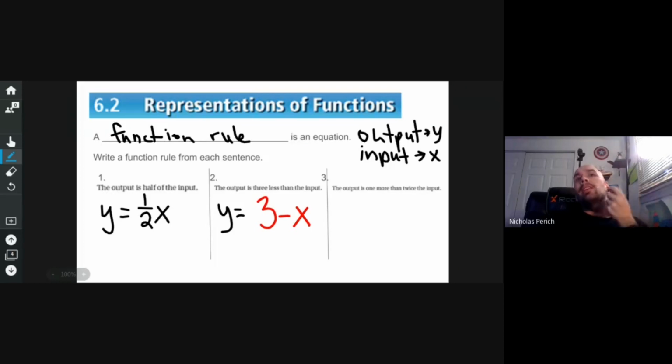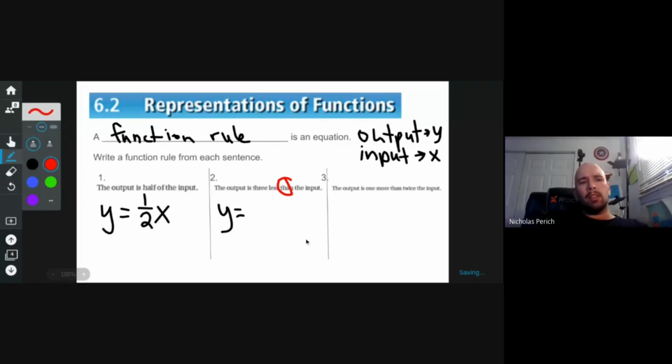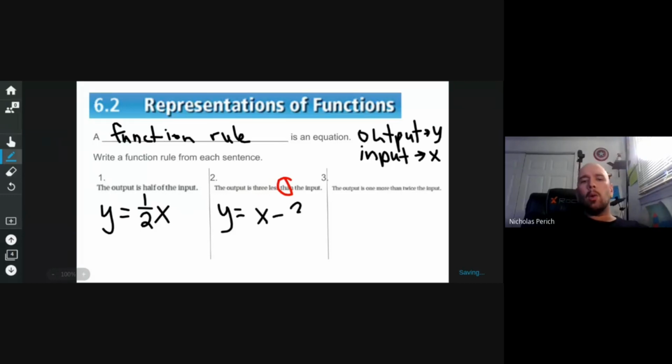If it's 3 less than, aren't you taking 3 away? So a little fun trick is whenever you see the word than, flip it. Flip things around. So even though it looks like it should be 3 minus X, that than means say, no, do X minus 3. Now watch me flip.